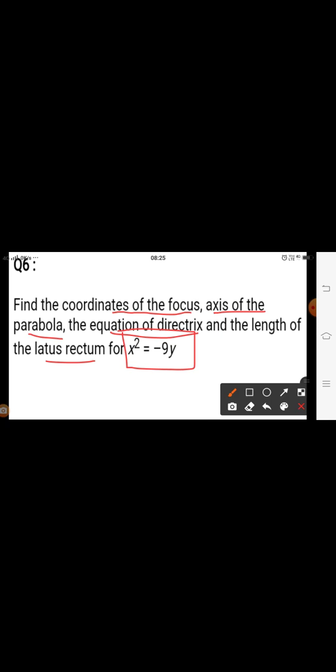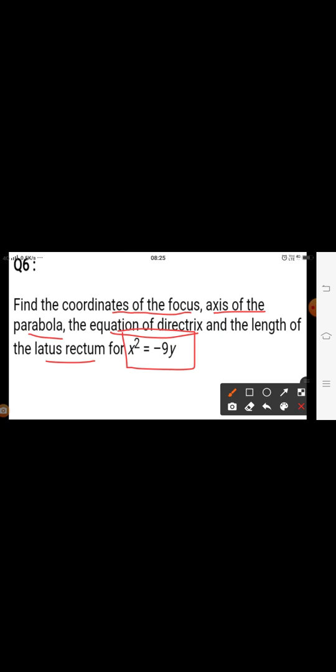Let us solve one more question. Find the coordinates of the focus, axis of the parabola, the equation of the directrix and the length of the latus rectum for the equation x square is equal to minus 9y. Clearly we are observing x square is equal to minus 9y.